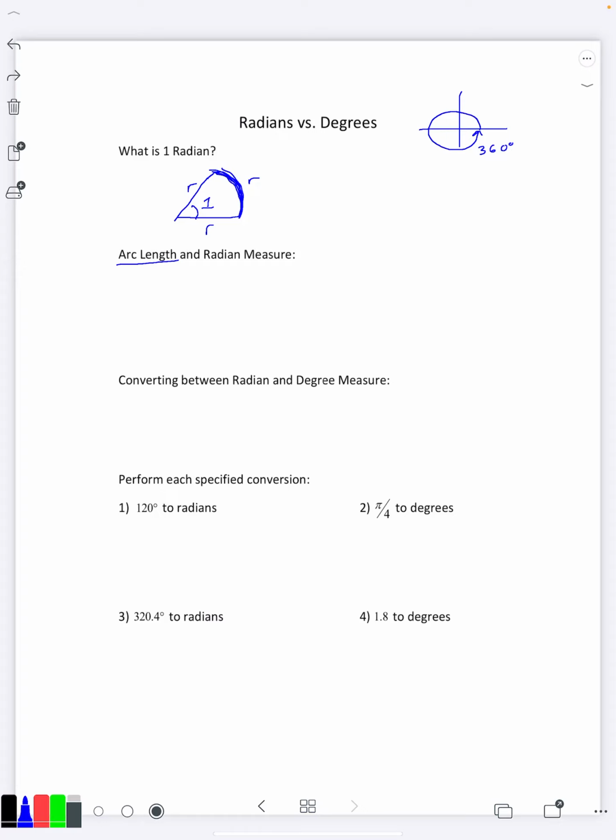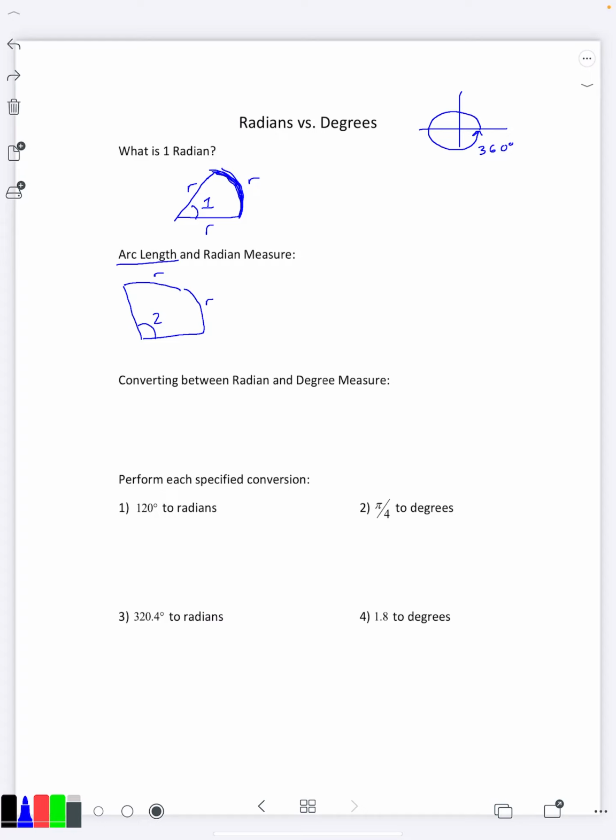Now, if you wanted to have 2 radians, that would mean that you would travel around, so you get 1 radius distance there, and keep traveling until you get to the second radius distance, and that would then be 2 radians here.